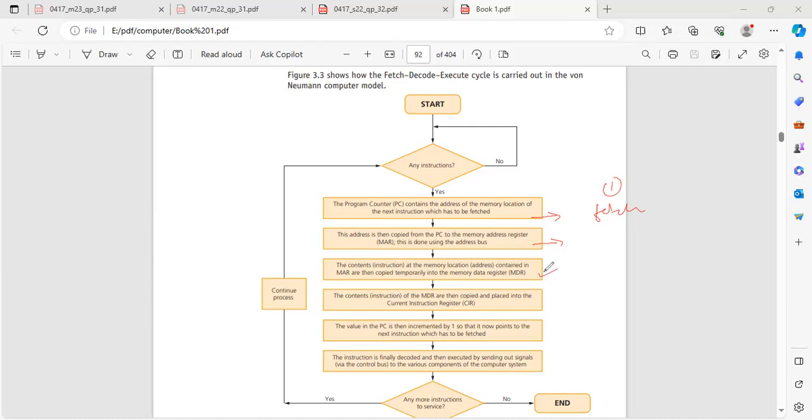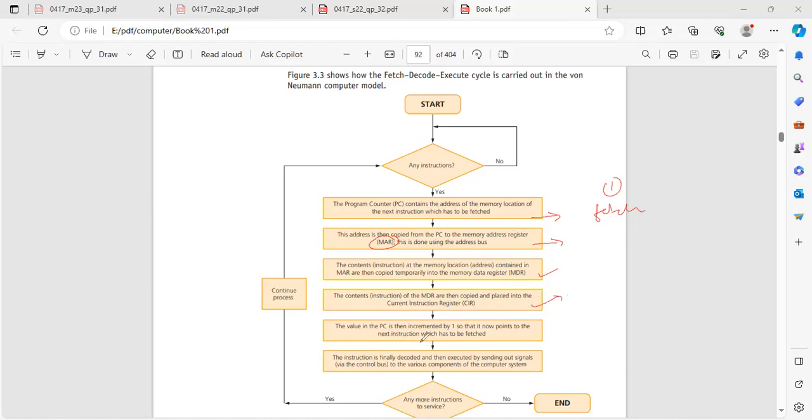The MDR will have the data, and its address will be held by MAR. Now the fourth step: the contents of MDR are then copied and placed into the current instruction register, CIR.